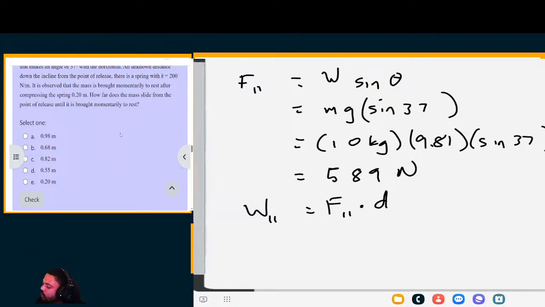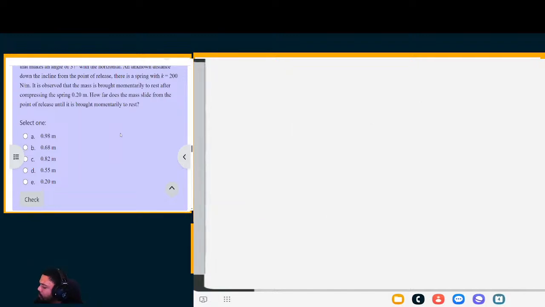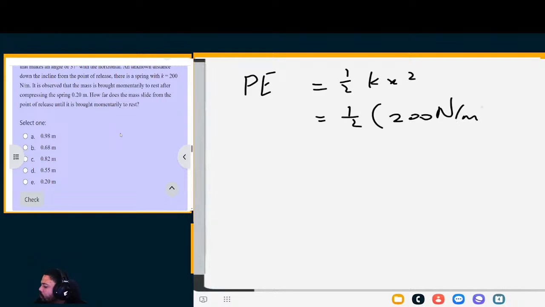But first, before we can get there, let's calculate how much potential energy is stored in the spring due to the block when it hits the spring. The potential energy in the spring we know is equal to a half kx squared, where x is the compressive distance. So it's going to be a half, the spring constant is 200 newtons per meter, while the compressive distance is 0.2 meters, and we square that.